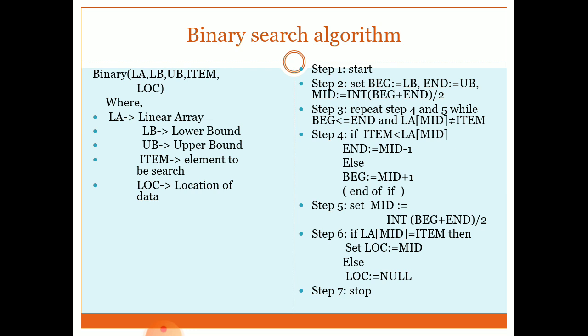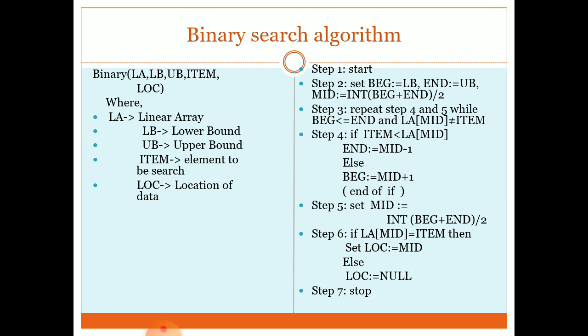So if that element is less than mid, what I will do is just remove that end position and set it to the mid minus 1 position. Where did I set it now? mid minus 1. So exactly whatever is the size of my array, it is divided into half.